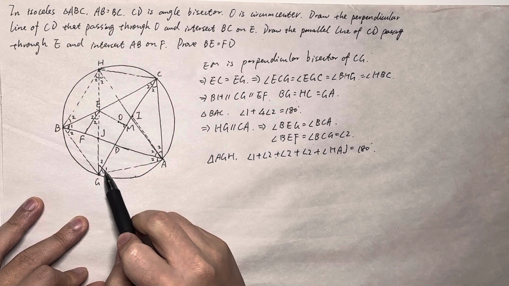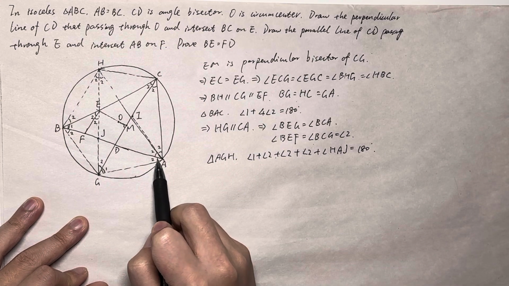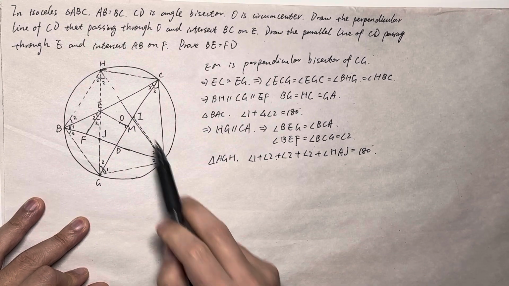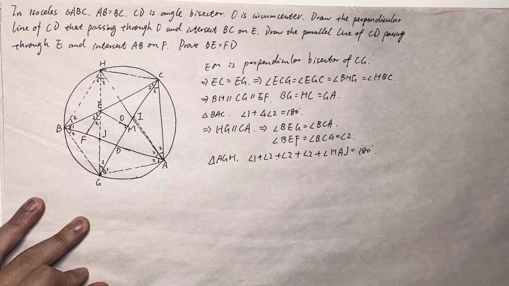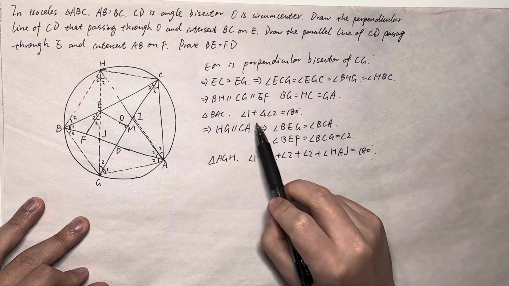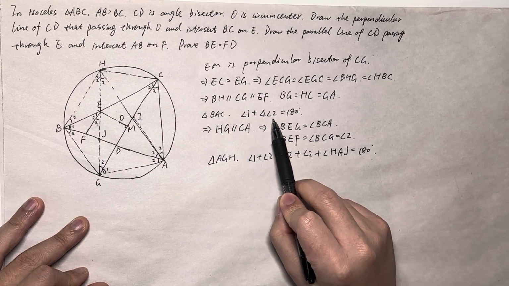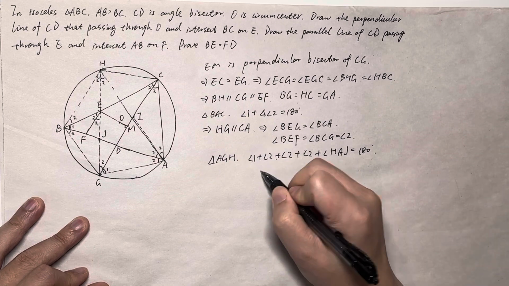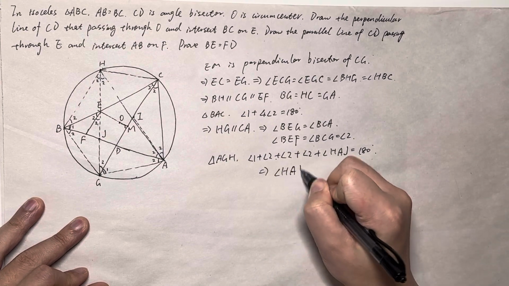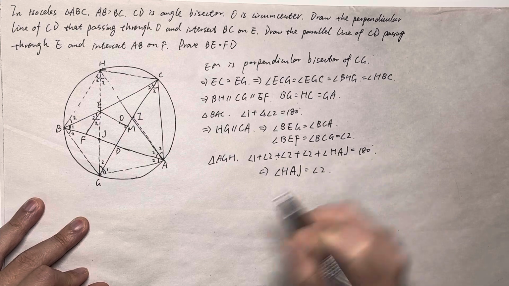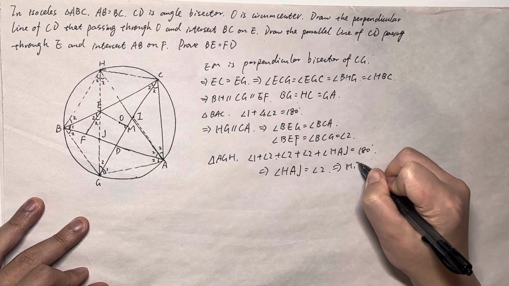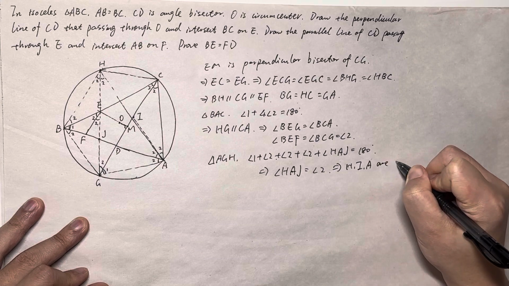This angle plus this angle plus this angle plus this angle and plus angle JAH equals 180 degrees. And we already know that angle 1 plus 4 times angle 2 equals 180 degrees. So we get angle HAJ equals angle 2, which means H, I, A are collinear.